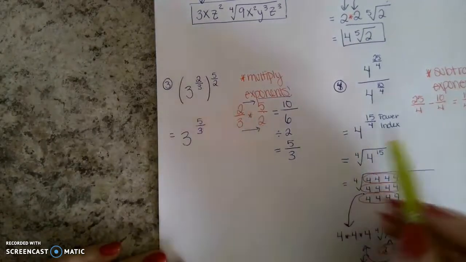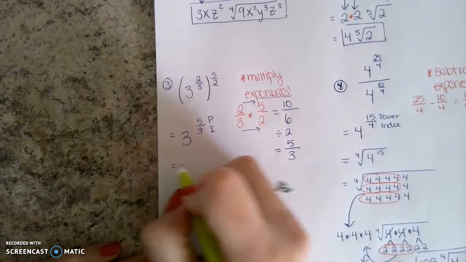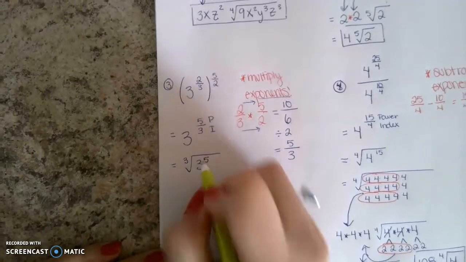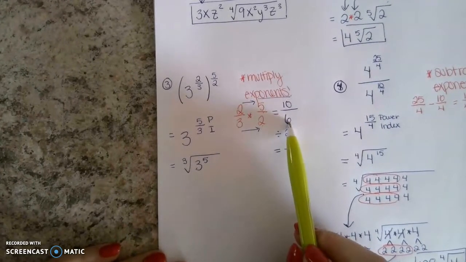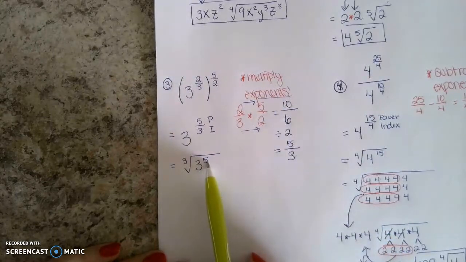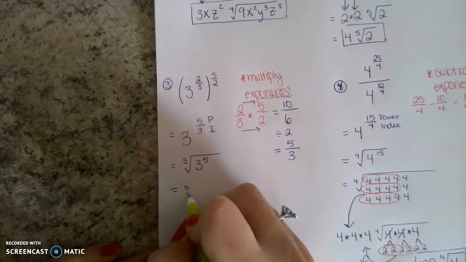All right, I'm going to go ahead and rewrite this just like what we've been doing, power over index. So index, we're looking at the cube root of 3 to the 5th power. Reducing this fraction allows us to, instead of taking the 6th root of 3 to the 10th power, now I only have 5 3s I got to write out. So it can make life a little bit easier for you.